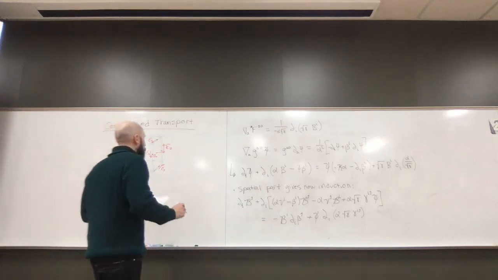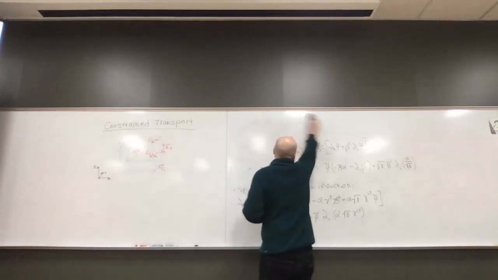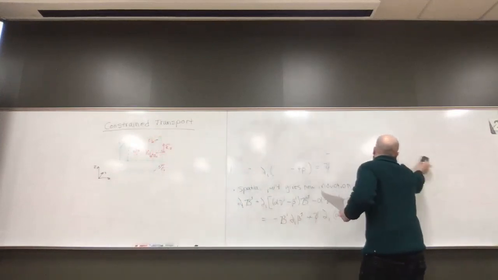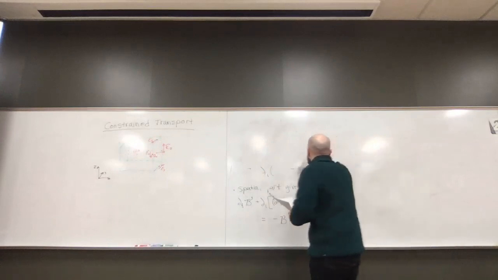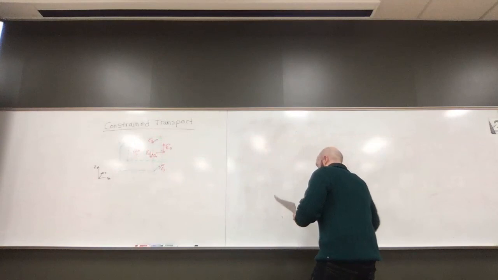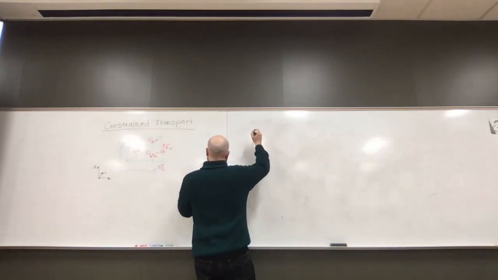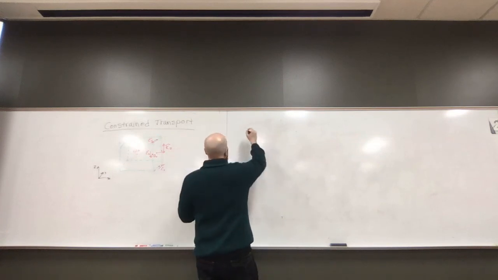So what I do, once I've constructed this, is the following. We compute the time derivative of the face averaged magnetic field component, which I'll call B hat.